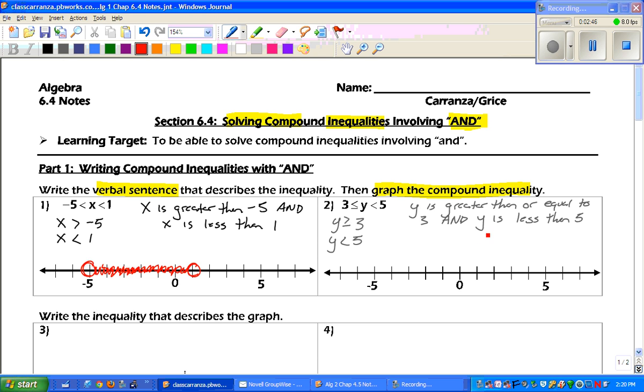Okay, so let's graph this. At 3, it's closed. And then at 5, it's open, and we want everything in between. So remember, just look to see which way Pac-Man is eating, who he's eating. And then when you rewrite it, just make sure he's doing the same thing. Because we're not changing anything right now.